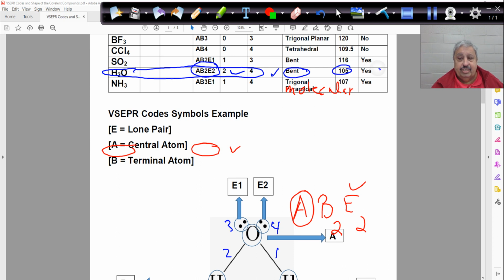The question is, is it polar? Yes, it is polar. Why? It turns out the presence of lone pairs on the central atom causes the molecule, all the time, no exception, to be polar.